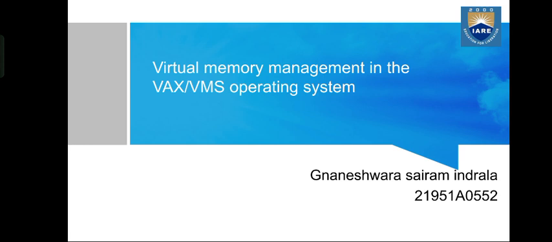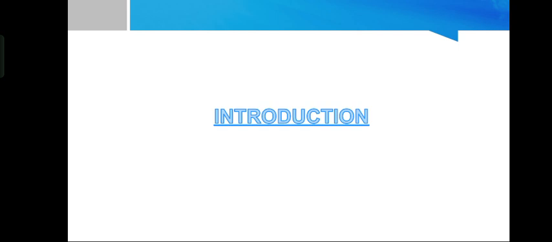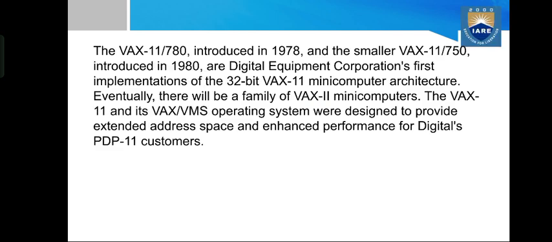And my topic is Virtual Memory Management in the VAX/VMS operating system. Introduction. The VAX-11/780, introduced in 1978, and the smaller VAX-11/750, introduced in 1980, were Digital Equipment Corporation's first implementations of the 32-bit VAX-11 minicomputer architecture.